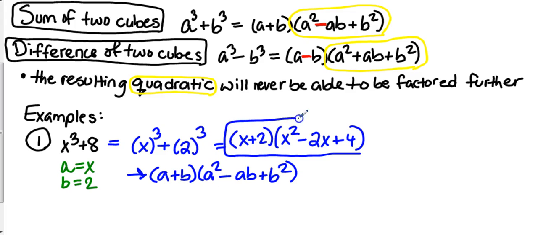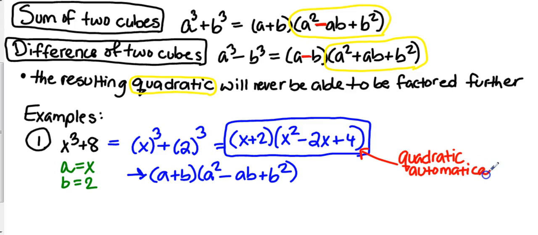That's as far as we can go, because the quadratic is automatically not factorable. Which means if I asked you for the exact values, you would need to use the quadratic formula. So that's as far as number 1 can go.